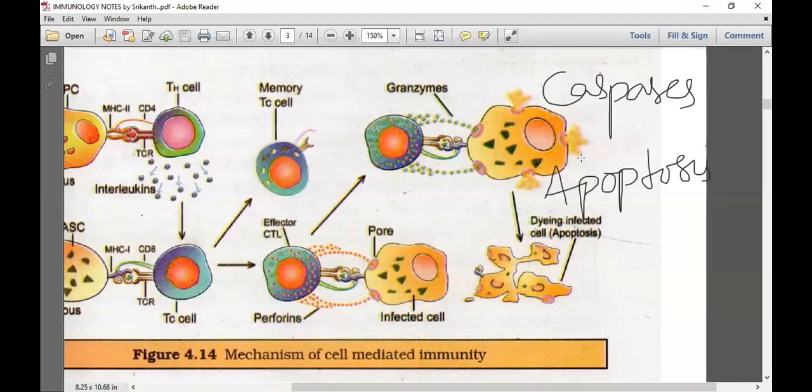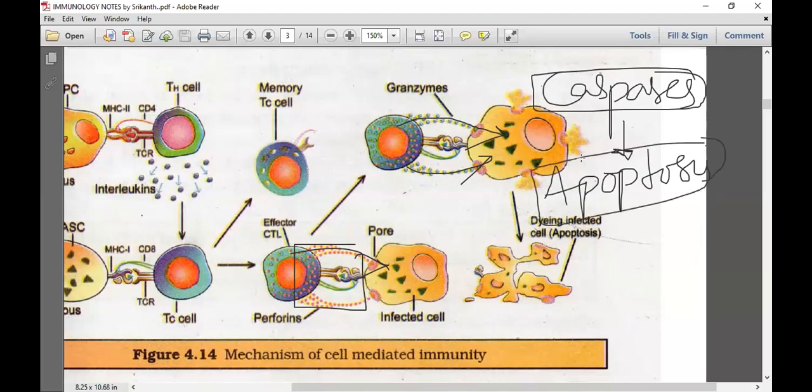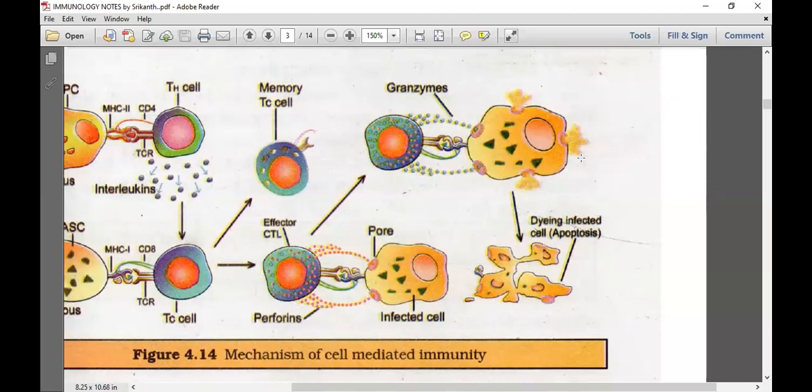First, they release perforins, which make holes. Through the holes, granzymes enter inside. Granzymes promote the caspases to release. Caspases promote apoptosis. What is apoptosis? Programmed cell death. That means our cell is programmed to die. So that is the speciality of that.